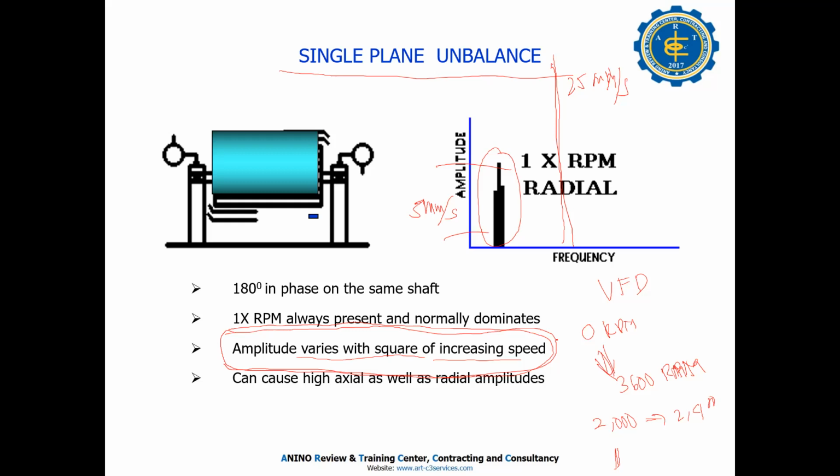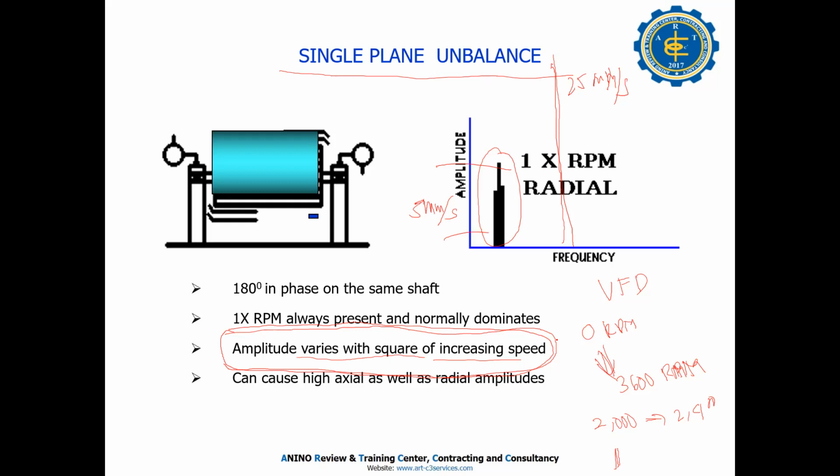That's the time we balanced the fan. So personally, I can tell you that if there is unbalance, only 1x, and the amplitude varies with the square of increasing speed. That is true in my experience. If somebody asks you, you can tell them that is true.